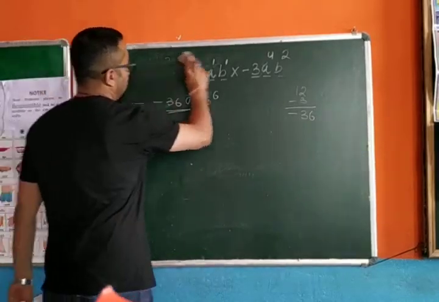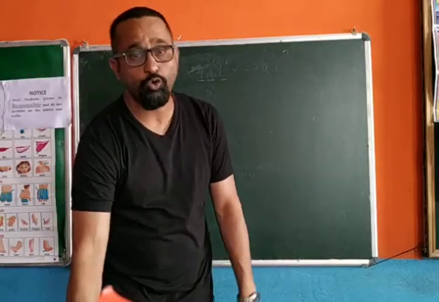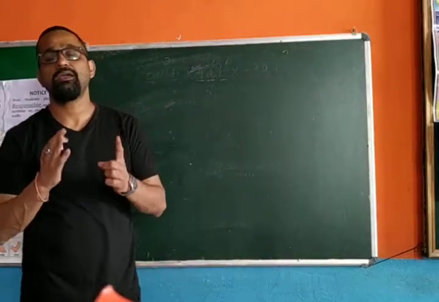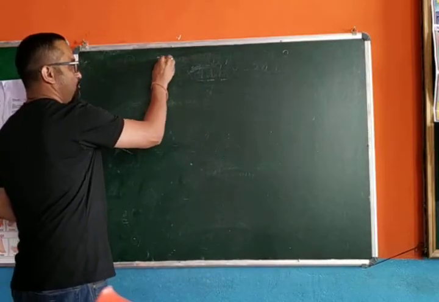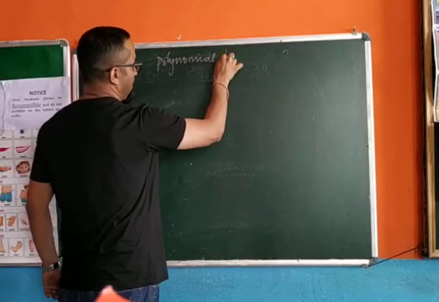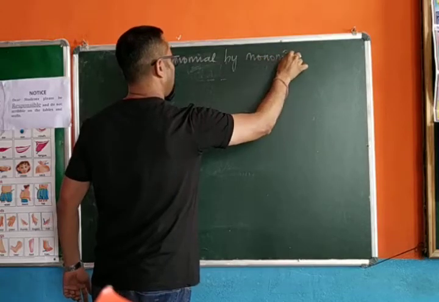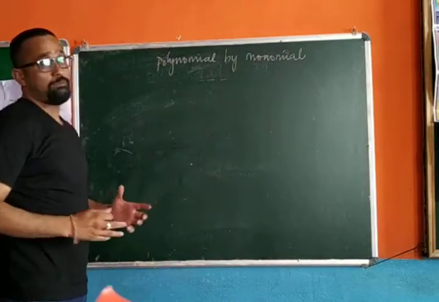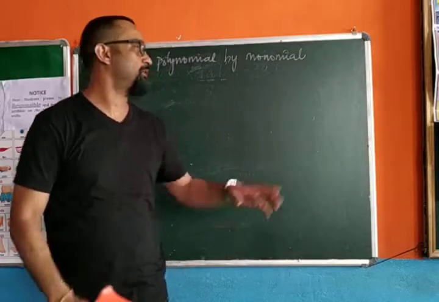Similarly, you have second type, that is multiplication of a polynomial by monomial. Polynomial means an algebraic expression which has more than 2 terms.